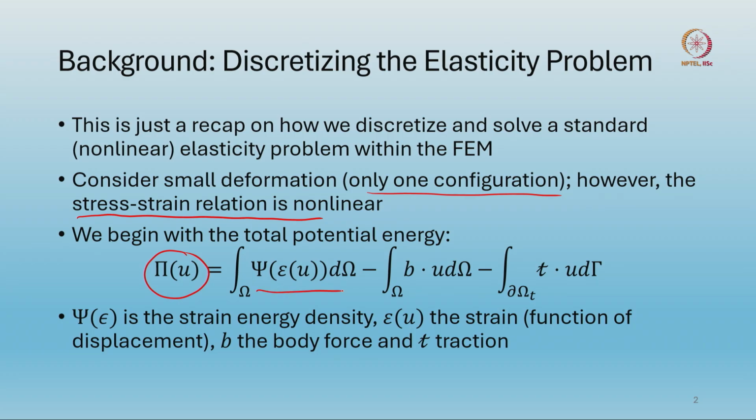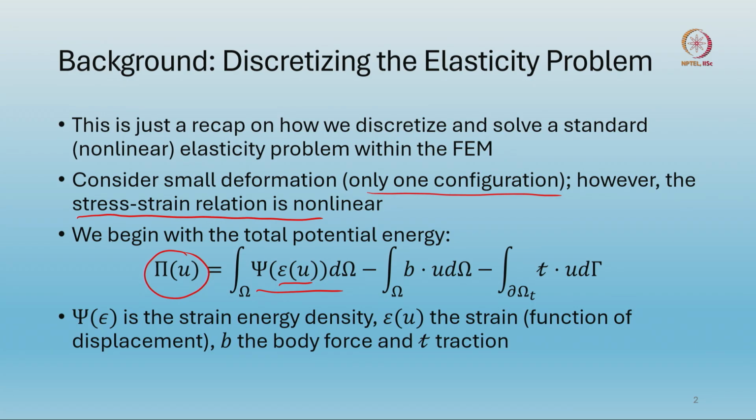One is the strain energy functional psi. In the context of a dissipative problem, for example thermoelasticity, we do not use the word strain energy, we use the word free energy. But otherwise, assuming there are no thermal effects here, psi is basically the strain energy functional, which is essentially a function only of the small strain, which in turn can be expressed in terms of the displacement u.